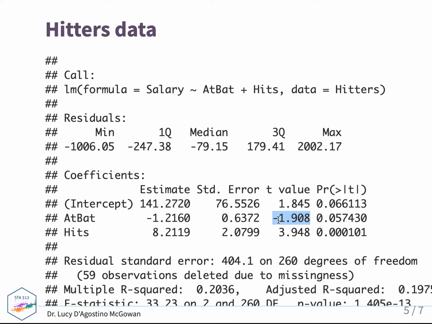Those t-values are compared to a t-distribution, and under the null, we would expect these statistics to have a t-distribution with n minus p plus 1 degrees of freedom.